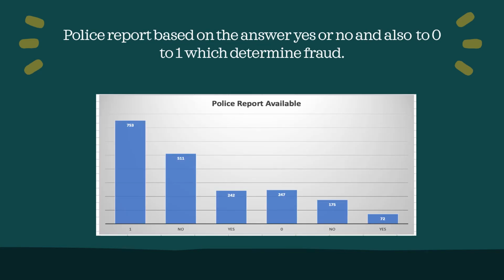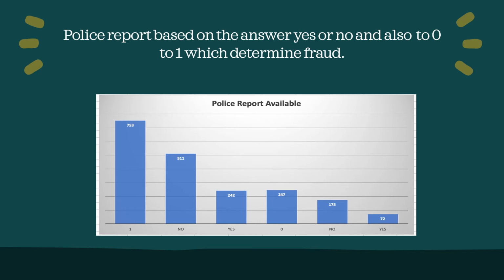So this is the third graph I have. The police report based on the answer yes or no, and also 0 to 1, which determines fraud. This is whether the police report is available. Here I was just trying to find out if the police report availability helps to reduce the claim fraud.